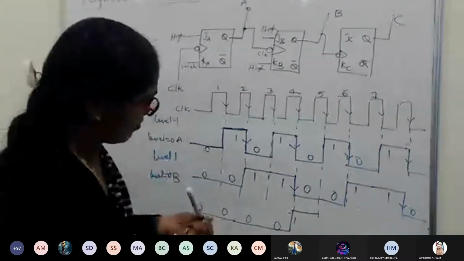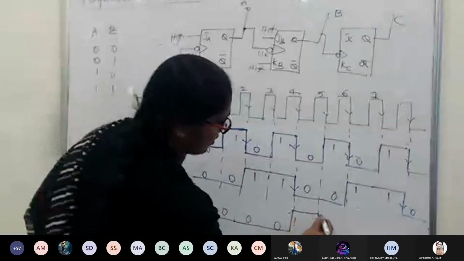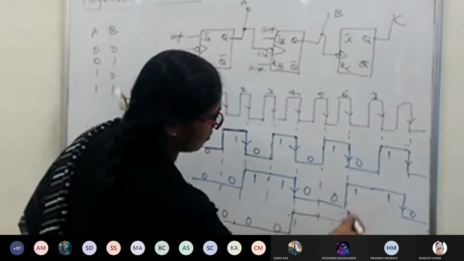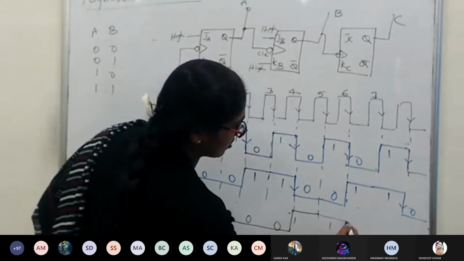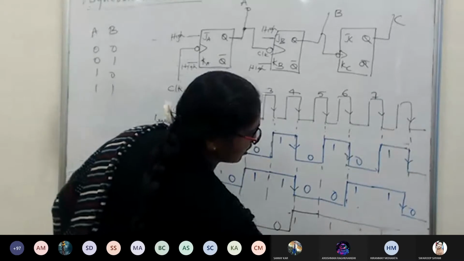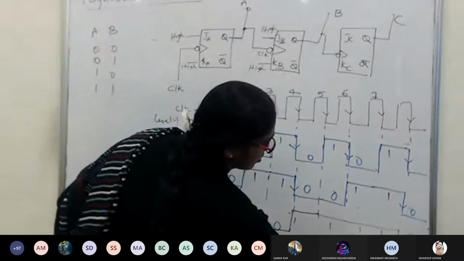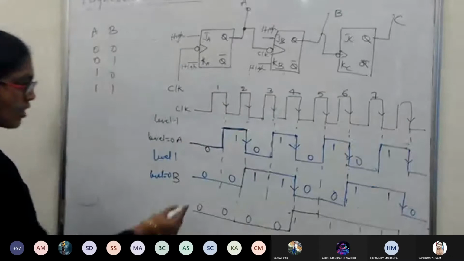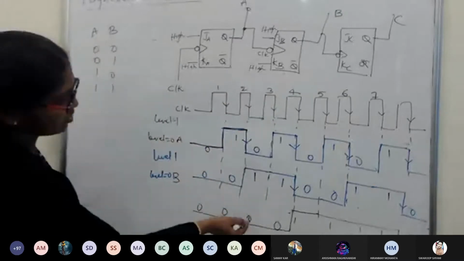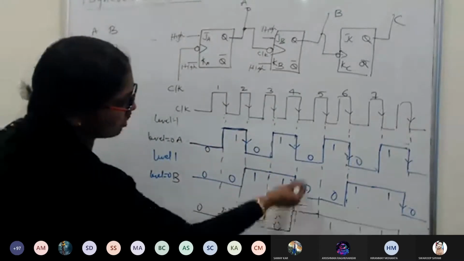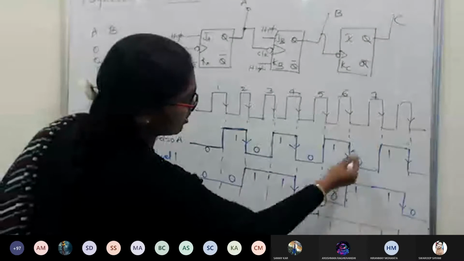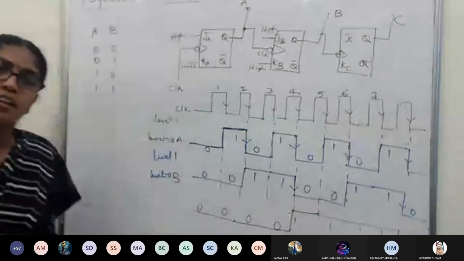Now if it follows B, this is positive, so it continues. Here it's 0. So we get 000, 001, 010, 011, 100, 101, 110, 111. That's all.